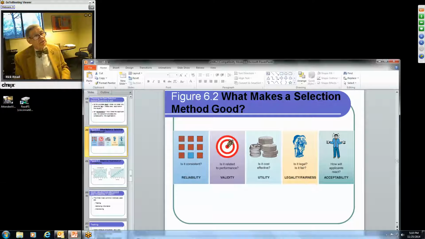Reliability simply means that the test that you're using is going to produce the same or similar results time after time. Validity simply means that the test is set up to measure what it's supposed to measure. Another reason why we want to use structured interviews.